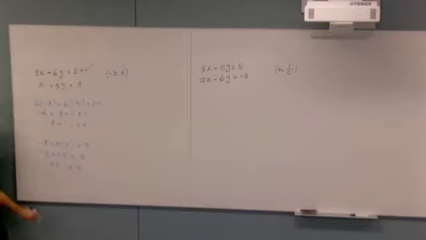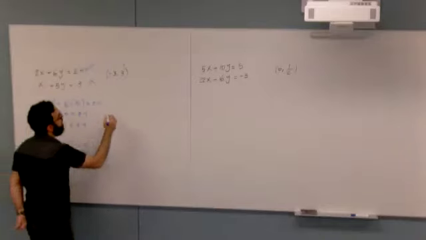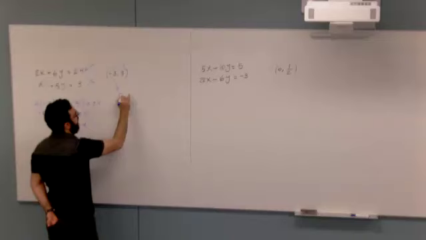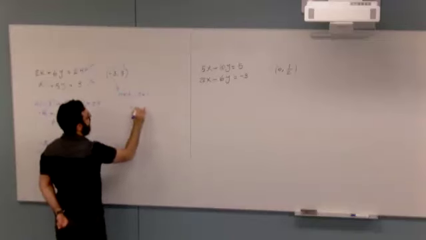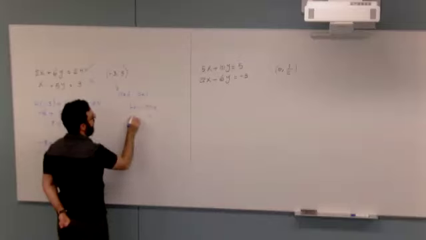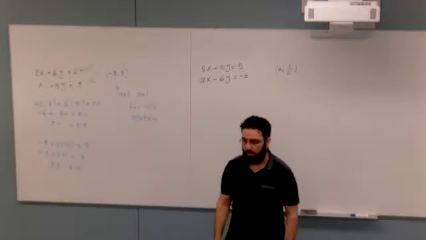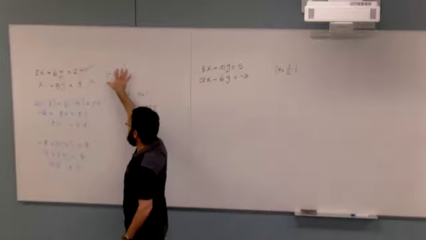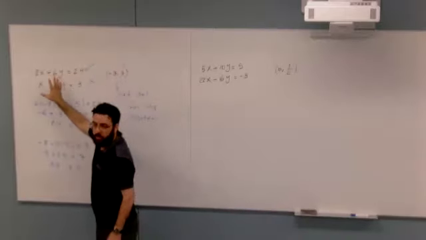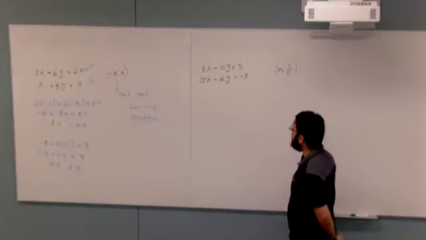No. That means the second one is not satisfied. So that means this is not a solution for the system. Is that okay? This is just to prove if we have a point and need to prove a solution for the system, you're just gonna plug it in. Okay, now let's check the second one.